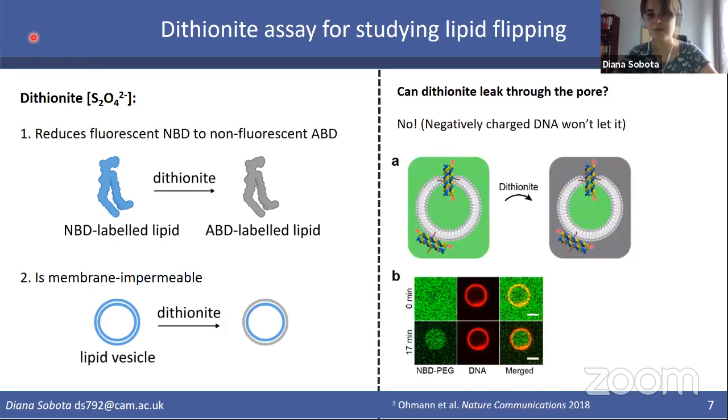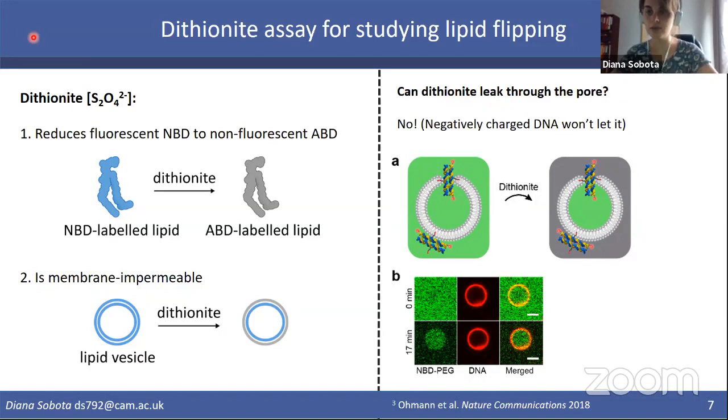Well, we tested it. And you probably know why: negatively charged molecules will not go easily next to the DNA. So the DNA pore is a natural cation selective pore. And this is again from Alexander's paper, where he performed this control.